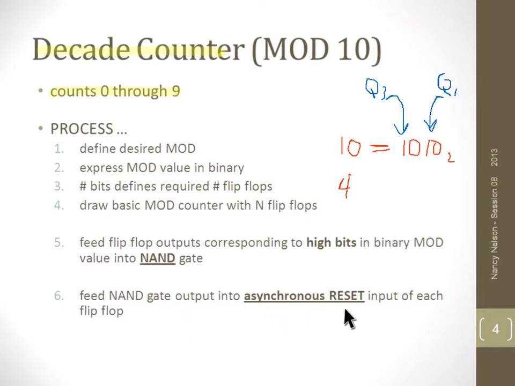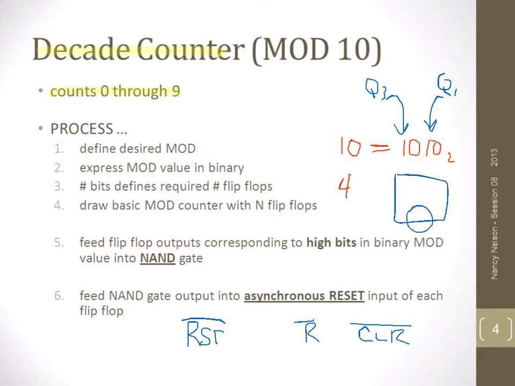Once we have that, we're going to take the output from that NAND gate and feed it into an input we haven't looked at on the JK flip-flop yet, which is called the asynchronous reset. That's labeled R with a bar over it, indicating it's active low, or depending on the manufacturer, it may be marked as clear or reset. Generally in the diagram for the flip-flop, you're going to see it down at the bottom, with J and K on the side.